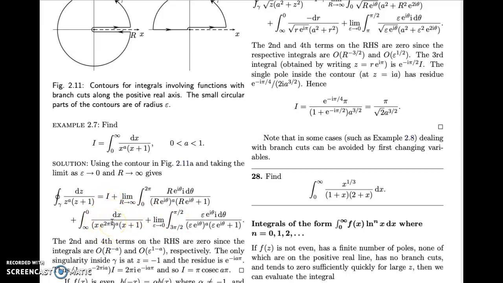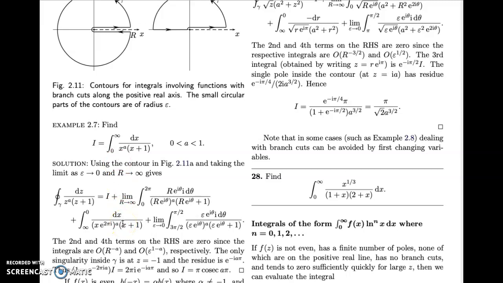What we're hoping is that this integral here will be a multiple of the integral we want. And indeed it is, because we can obviously take out a factor of e to the 2 pi i a, and then we're left with this integral here.